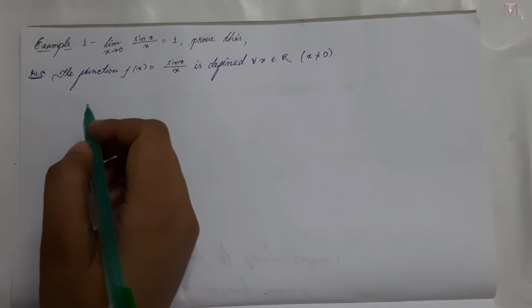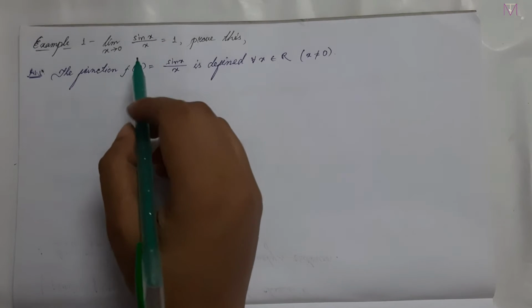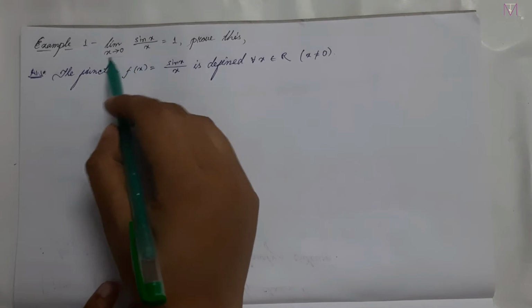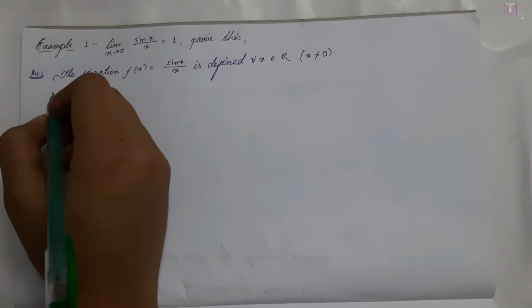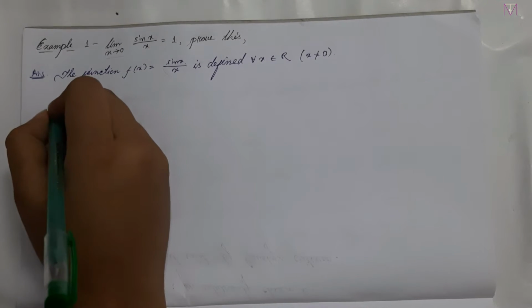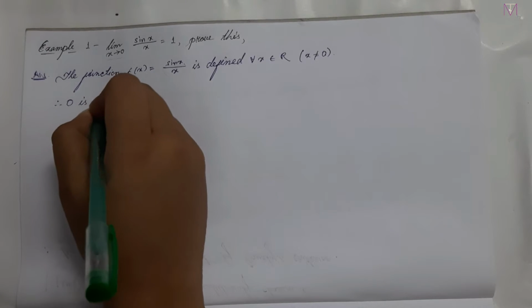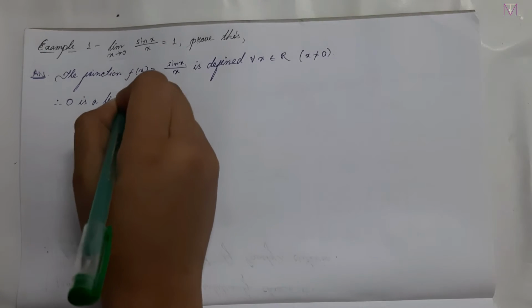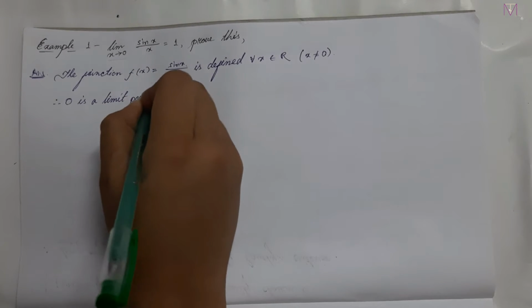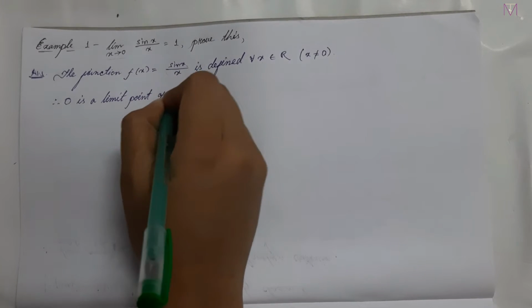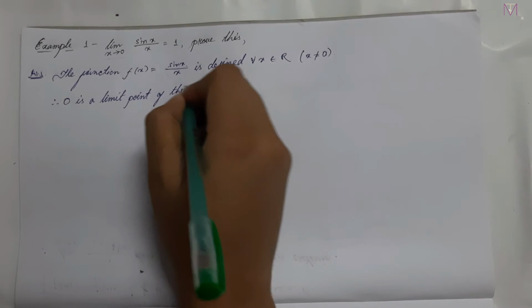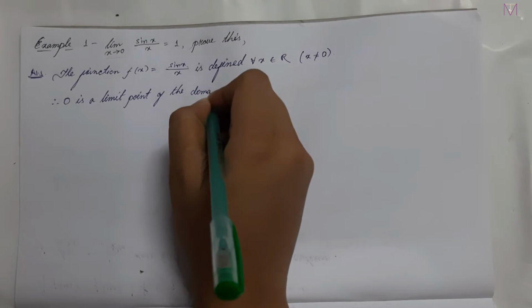Now, what is the limit point? Here, the limit point is 0. So 0 is obviously a limit point of the domain.